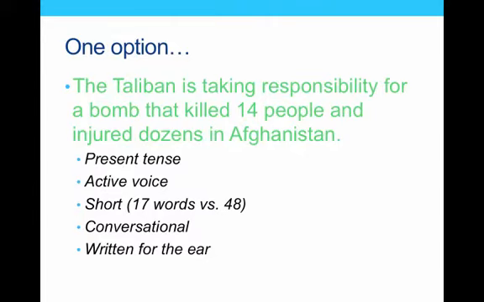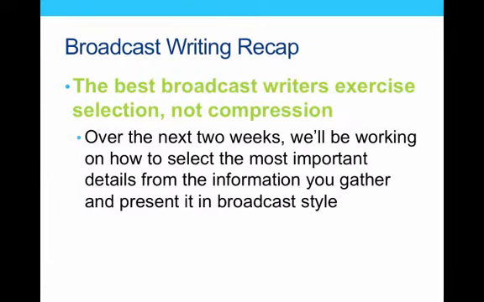Because remember, we're trying to limit the number of specific numbers that you use in the headline. So this is present tense, is taking responsibility. It's short compared to the text lead, which was 48 words long. Much more conversational and written for the ear. So this is something you could absorb by just listening to it once.